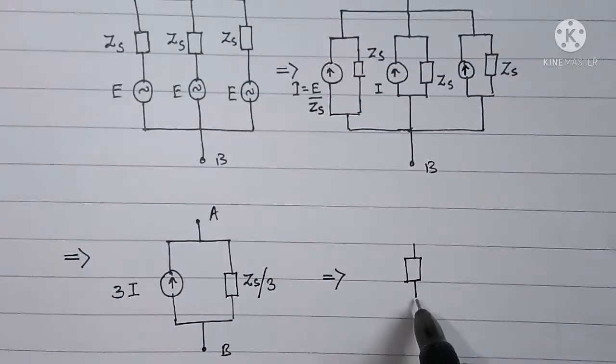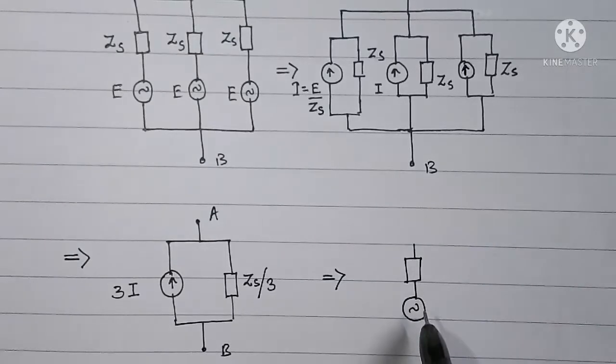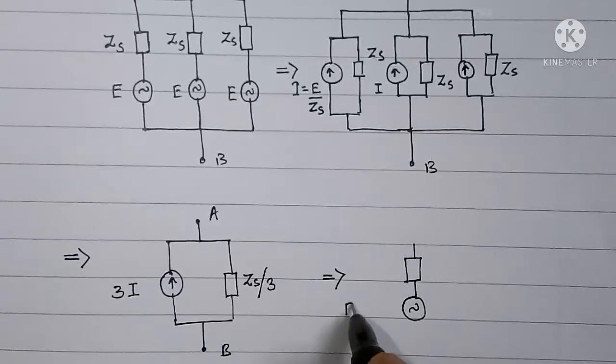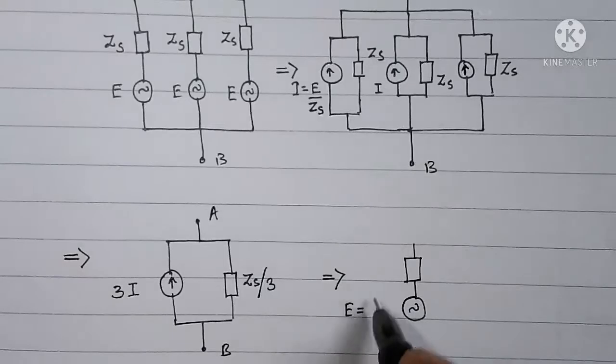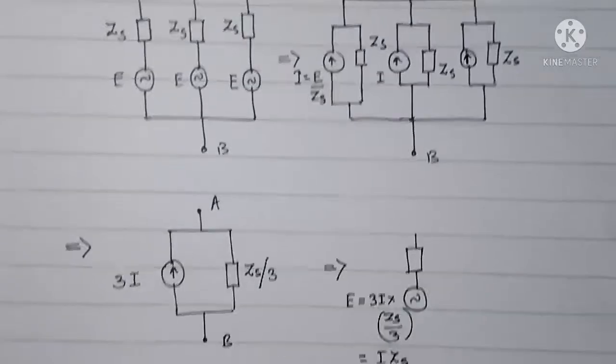When we do that, we will have an impedance of ZS by 3 in series with an EMF source, and the EMF E will be equal to I into ZS by 3. 3 and 3 will get cancelled, so it is nothing but I into ZS.